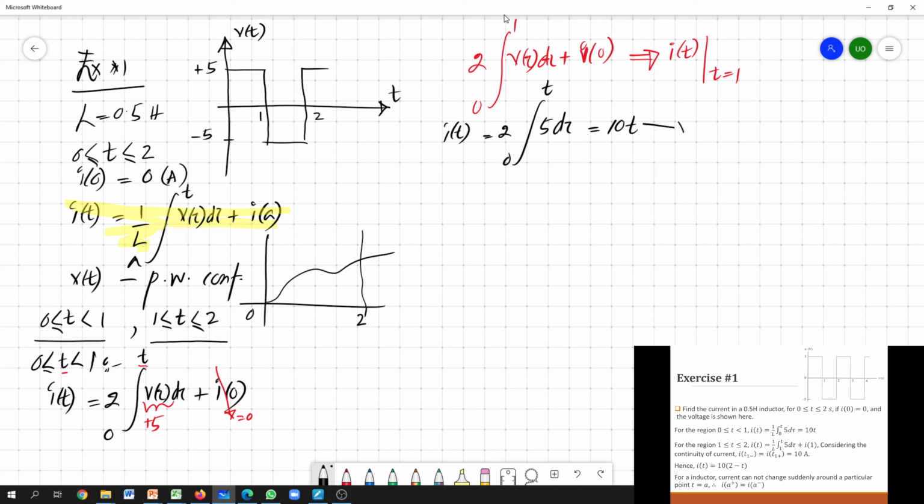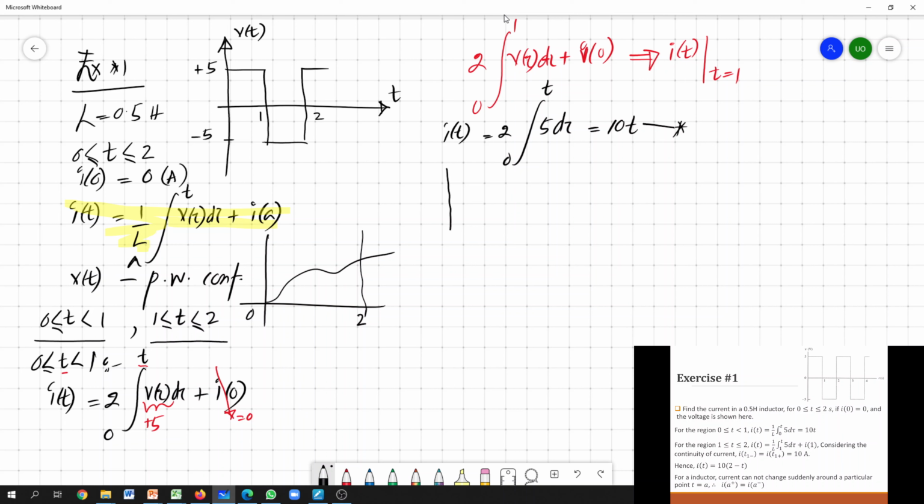So this is the current variation between 0 and 1. Once you substitute t equals 0, the current is 0. Once you substitute t equals 1, the current is 10 amperes. So in between 0 and 1, the current variation is linear between 0 and 10.